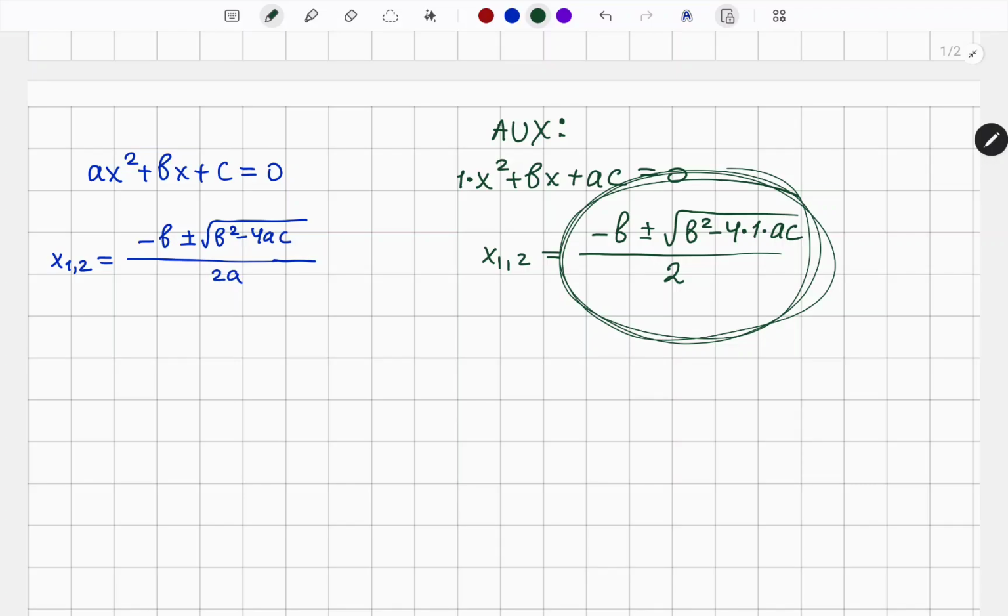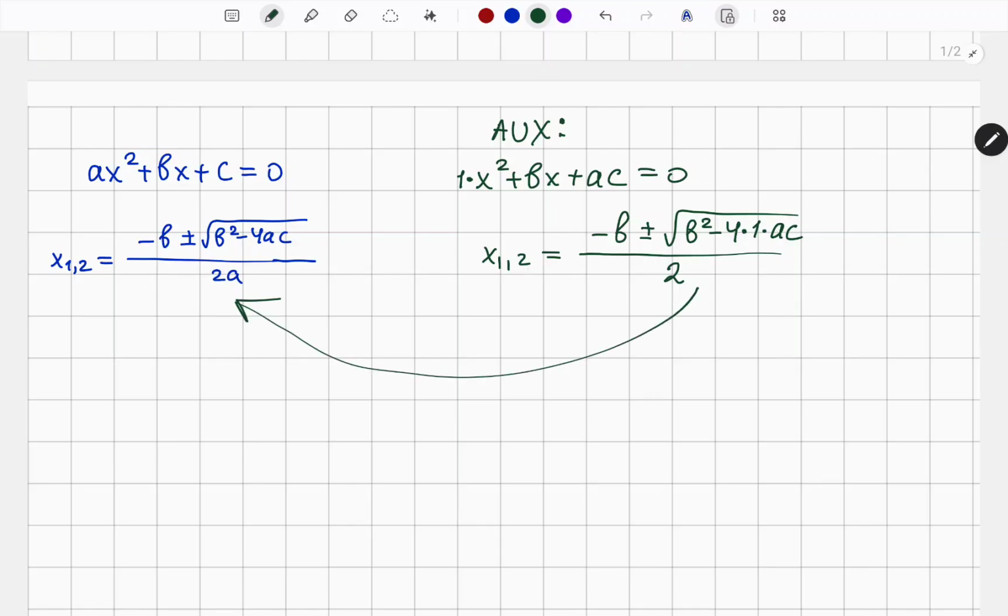Yeah, we just guessed the roots using the method in the first part of the video. And to get the roots of the original quadratic equation, we just have to divide them by a. Yeah, so we divide by a here, a appears here, and they become the roots of the original quadratic equation. So that's how it works.